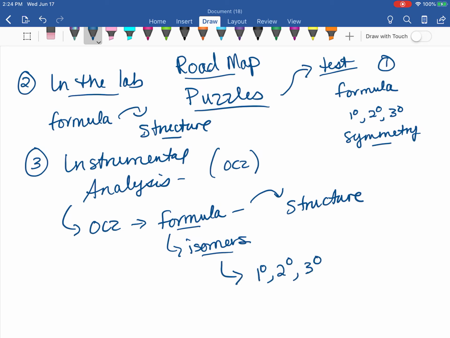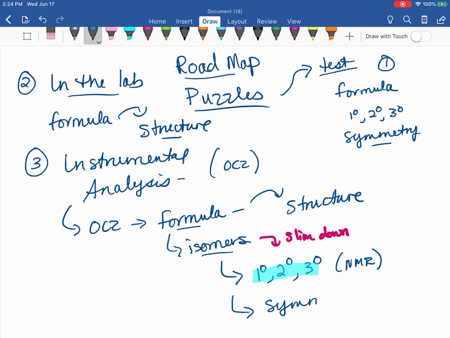A perfect instrument that can give us information like primary, secondary, tertiary, we will learn in OChem 2 as NMR. So I'm going to start to train your brain. I'm going to give you this for free so we can start to slim down that pool of isomers. Let's slim it down.